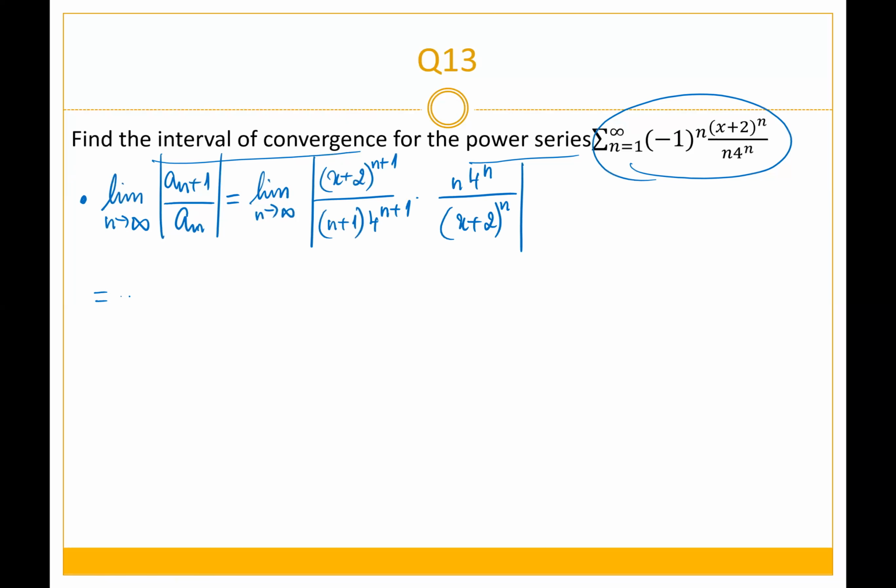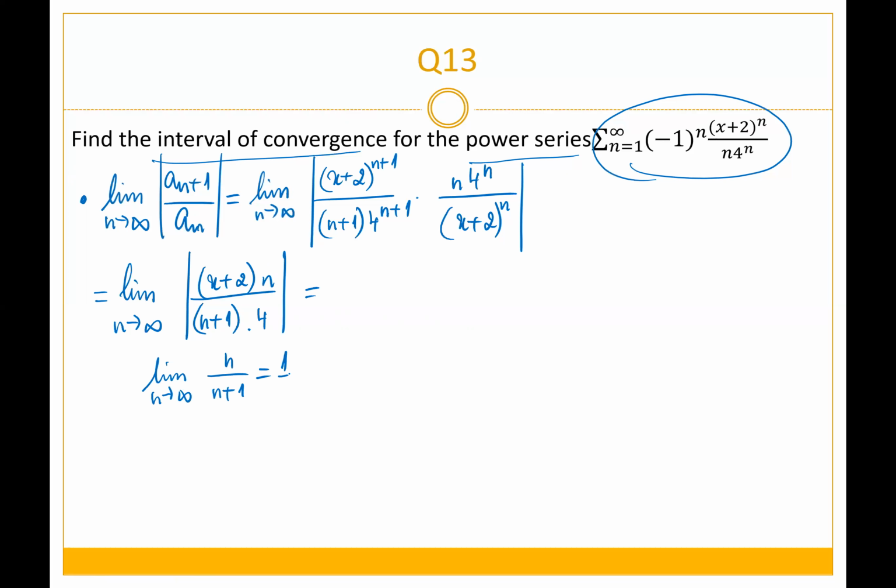And then this is the limit of n approaching infinity of |x plus 2| divided by 4, multiplied by n over n plus 1. Now, as n approaches infinity, the limit of n over n plus 1 is going to be 1. So you can ignore that. And that's how you end up with just |x plus 2| over 4.